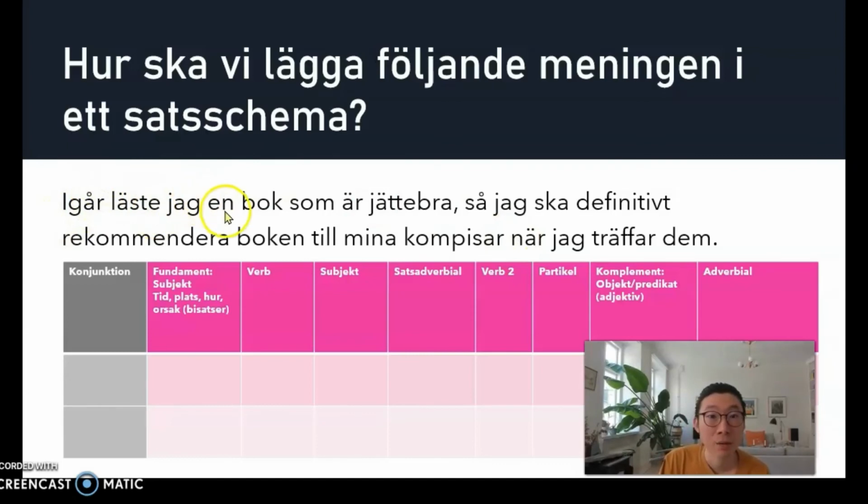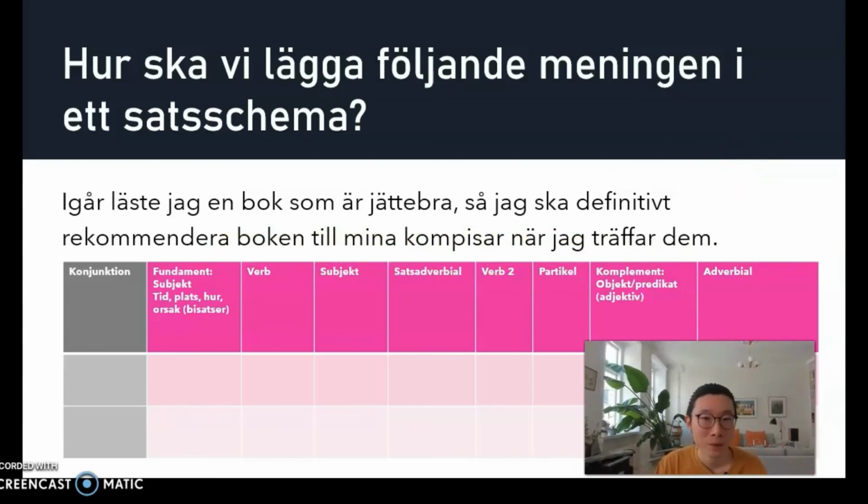Igår läste jag en bok som är jättebra. Så jag ska definitivt rekommendera boken till mina kompisar när jag träffar dem.